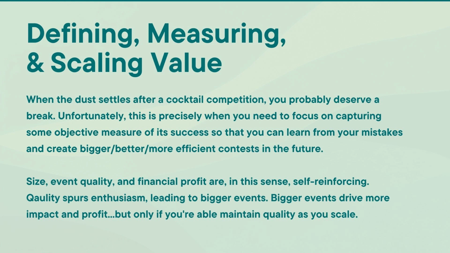That's a lot more people, but that's also a lot more ice, a lot more variables to consider. So as the value and the impact and the profit scale, the quality is going to be harder and harder to maintain. That's why I'm really hammering down on this: define what you want, find a way to measure it, and then find a way to circle back and ask that tough question of, did we actually get what we said we wanted out of this?